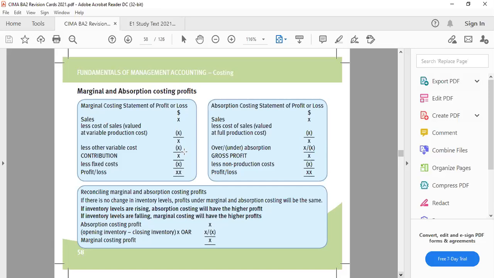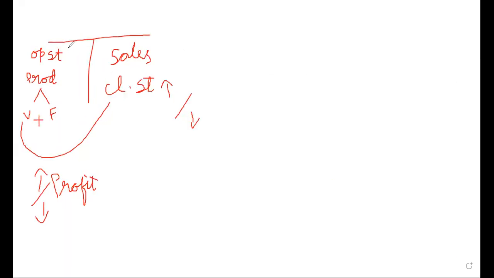That gives us the cost of goods sold. When that is deducted from sales, we arrive at the gross profit. Any non-production costs would be deducted after that.